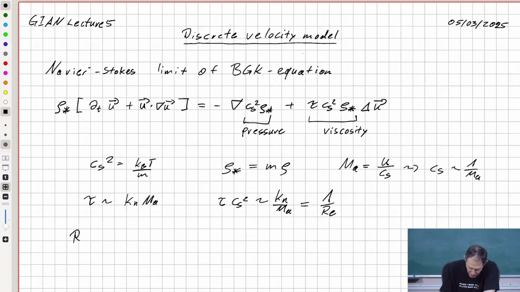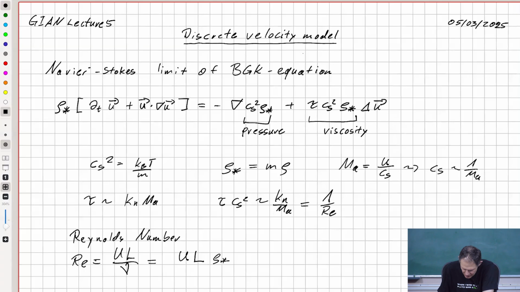And the Reynolds number is usually defined in fluid mechanics in 2 different ways. So it's the velocity scale times the length scale divided by the kinematic viscosity, or you may be more familiar with it being the velocity scale times the length scale times the density divided by the dynamic viscosity.